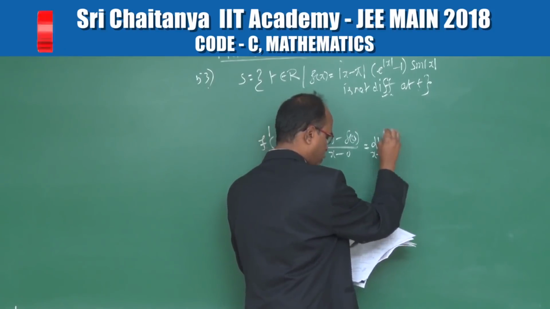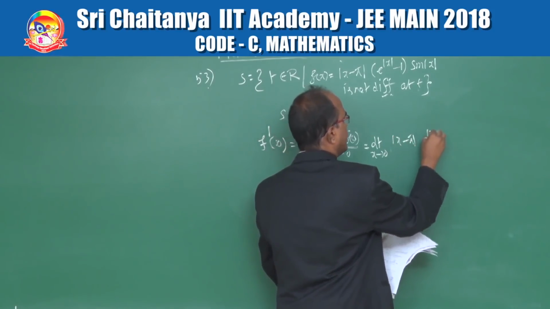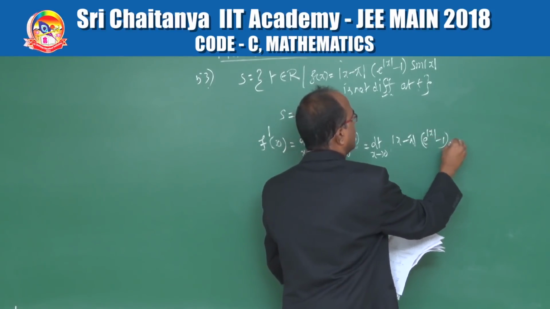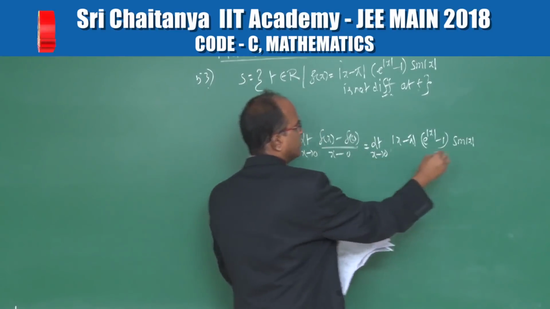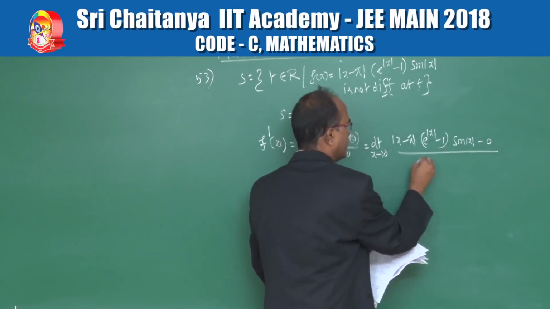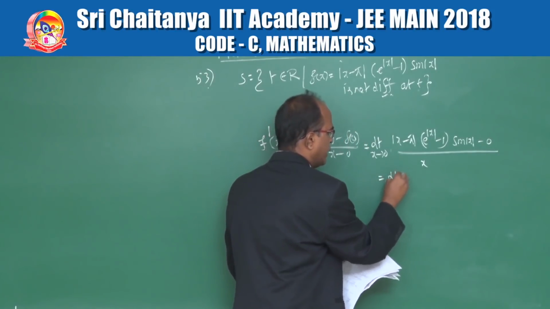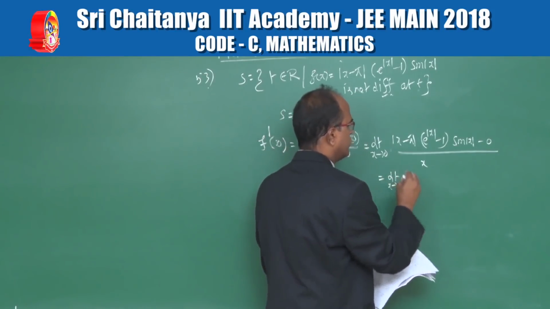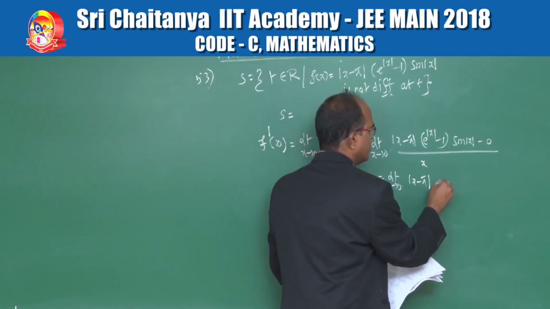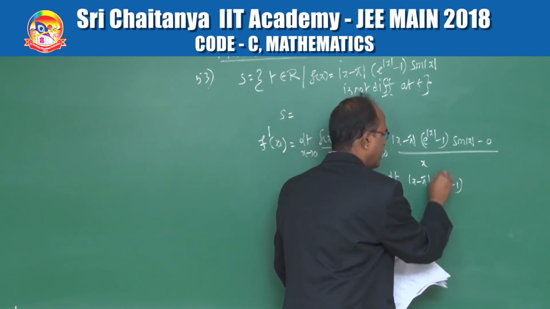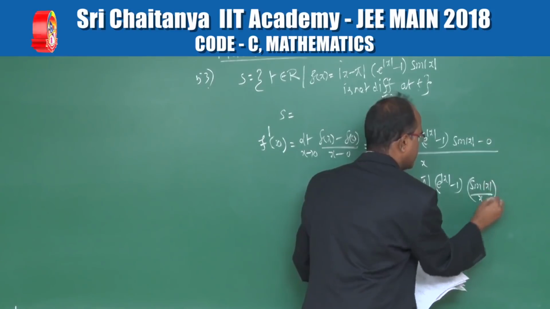limit x tending to 0 of mod x minus pi into e power mod x minus 1 into sine of mod x, and f of 0 is clearly 0, by x. This value can be rewritten like this: limit x tending to 0 of mod of x minus pi into e power mod x minus 1 into sine of mod x by x.